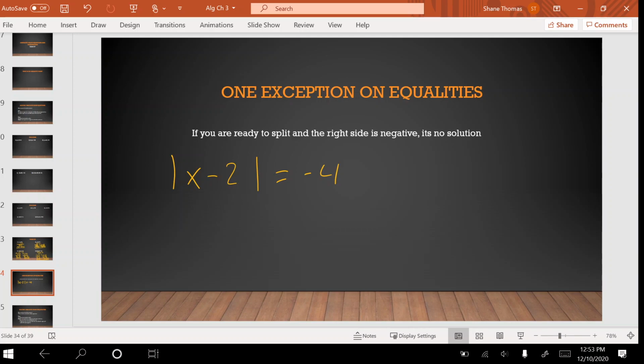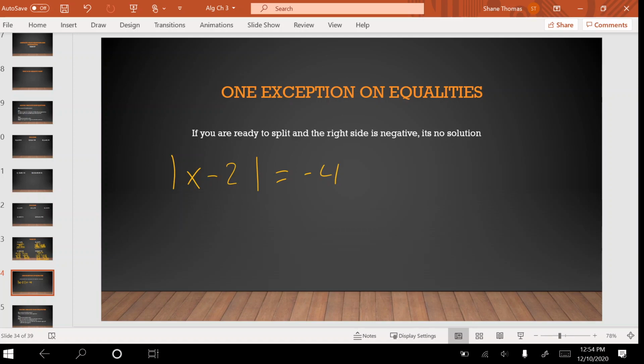So no matter what I put in here, a positive number, a negative number, can I ever get a negative answer? No, there's no way to get a negative answer. So anytime it's ready to split and it's negative, it's no solution.